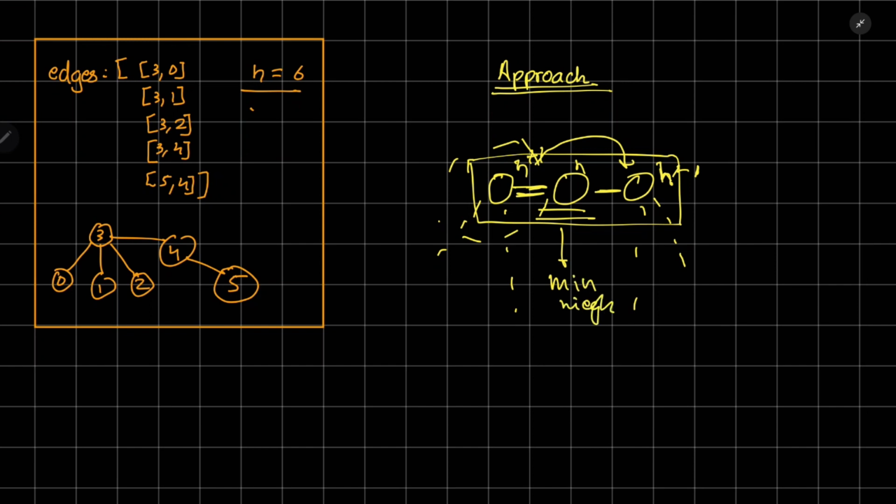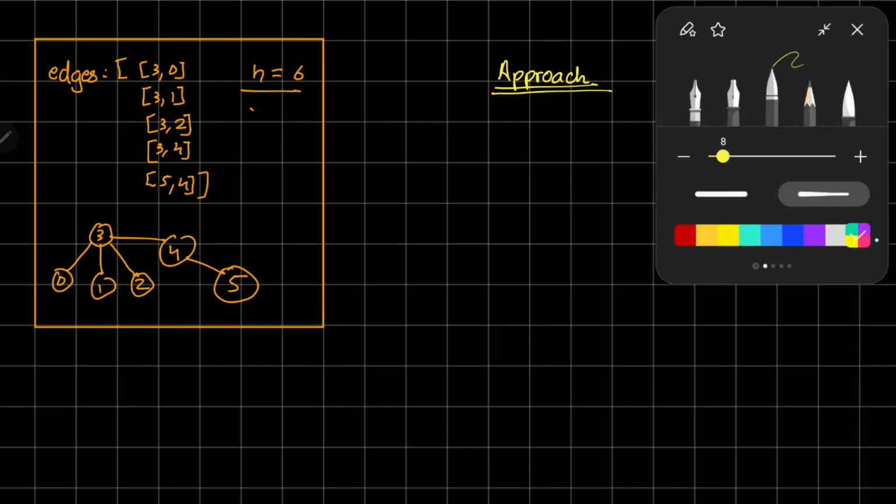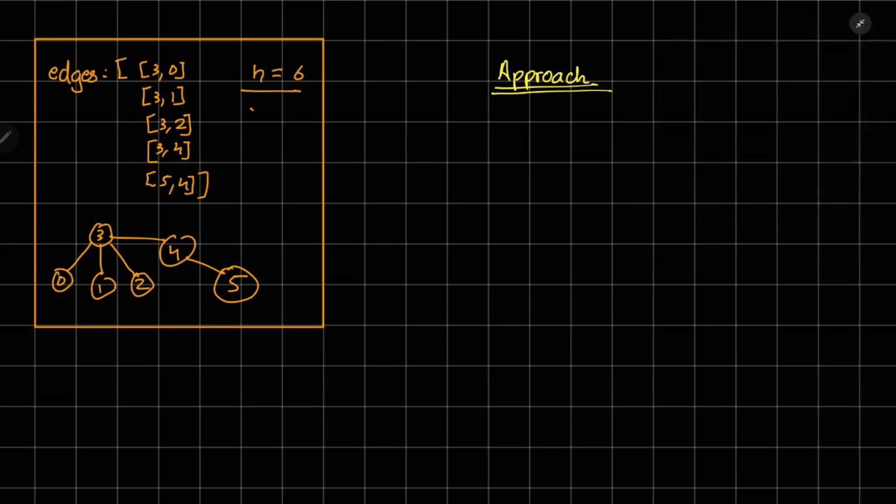Okay, so now if we are clear with that, let's see how we can solve this problem or apply this in the code. If we are given this graph, what we can do is remove the leaf nodes, the last nodes which have no children.